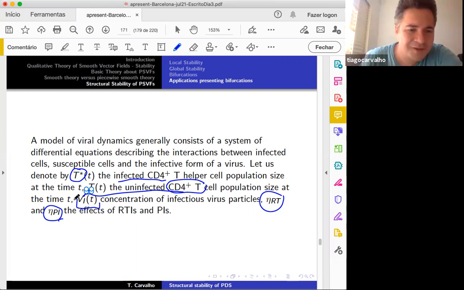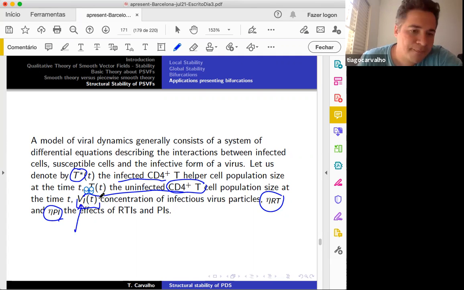Okay, and this infected cell does not play an important role here in the concentration of virus.